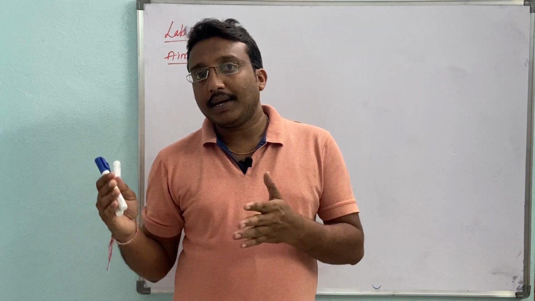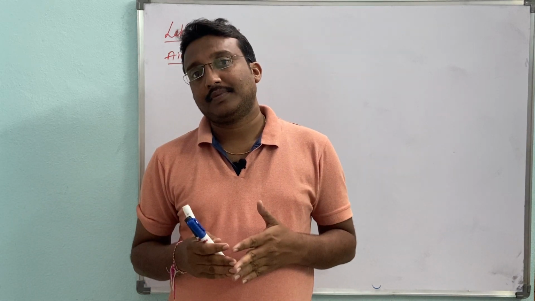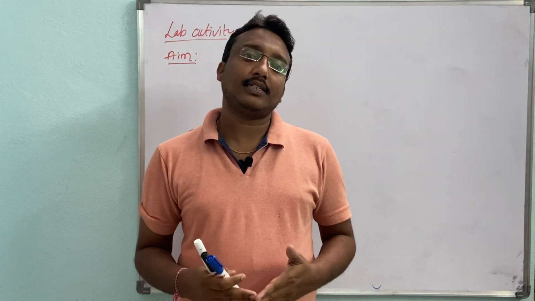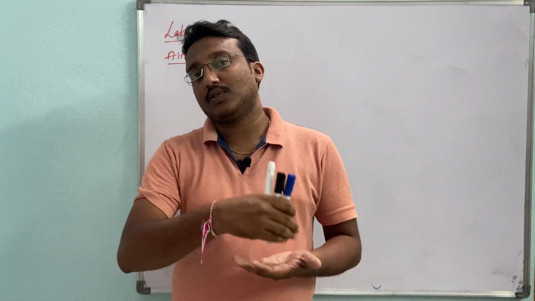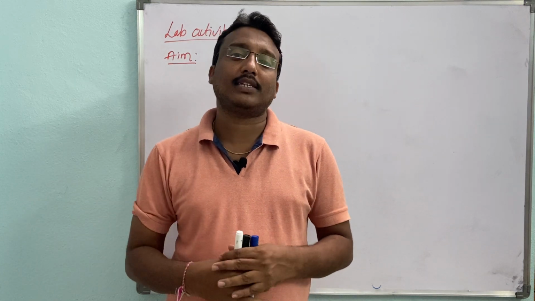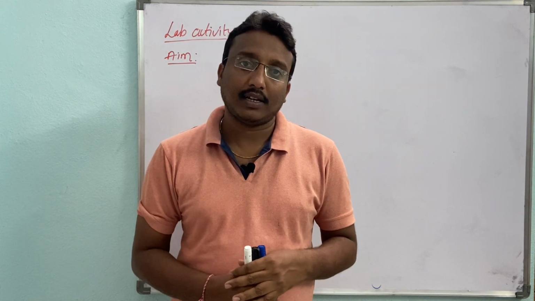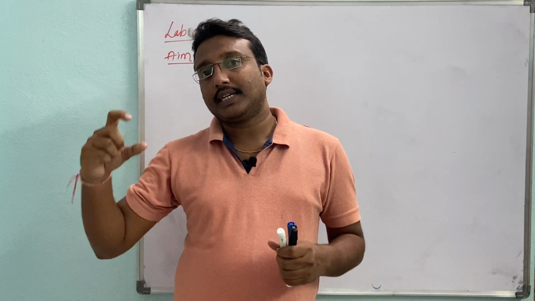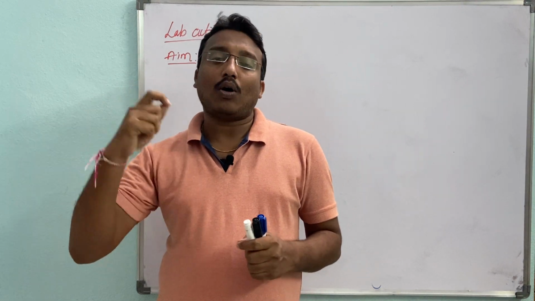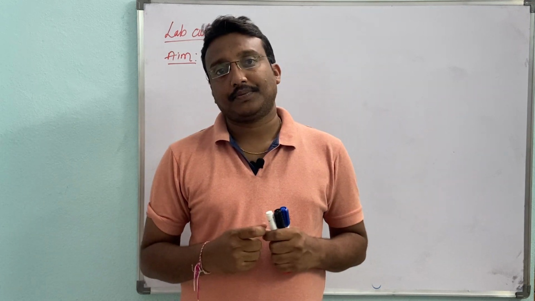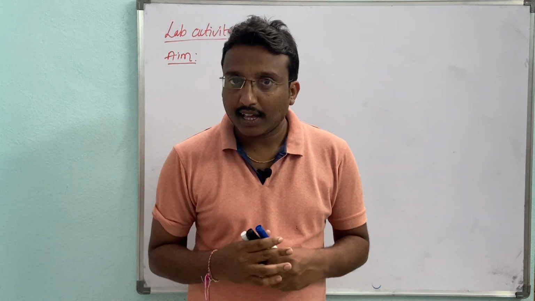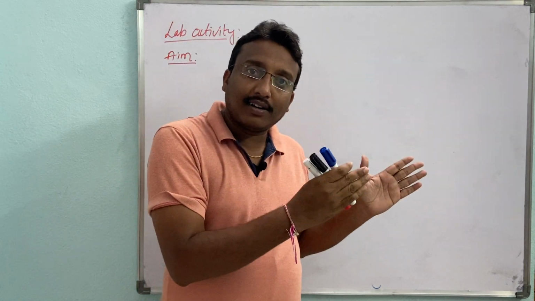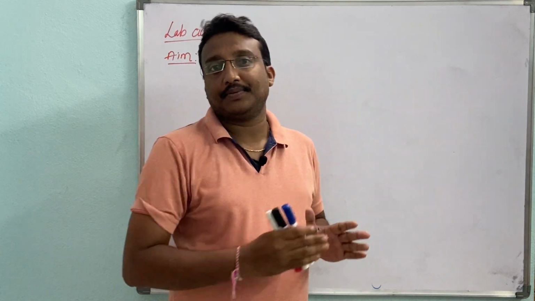Sometimes the image is diminished, sometimes the same size, and real images and virtual images also we get with the convex lens, right? In only one case we got a virtual image, when the object is located between optic center and focus. Got it, right?